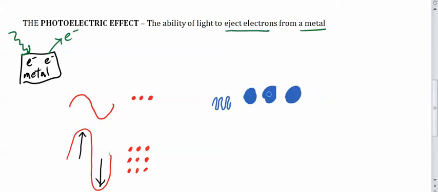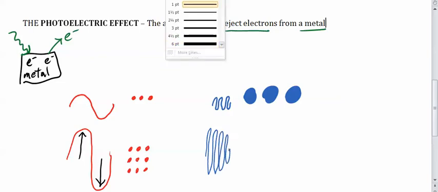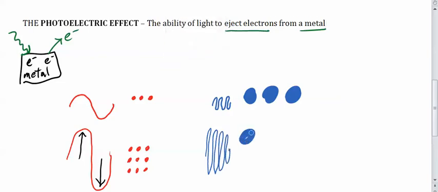So these big honking particles can knock out the electron from the metal, whereas the little tiny particles won't be able to. If we go back to what this would look like if it were brighter, it would have higher amplitude but still really high frequency, and this would again be like more big particles.